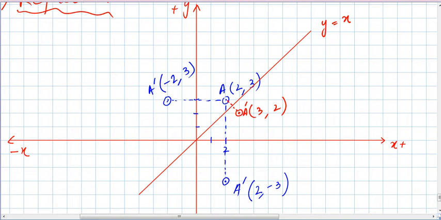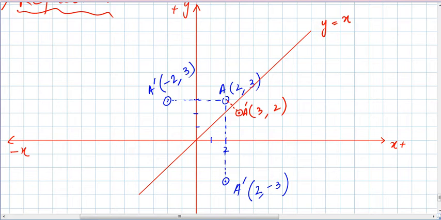And when we reflect the point A 2, 3 about y is equal to x, you will see that it becomes 3, 2, means the x and y values interchange or swap or flip, you can say. 2, 3 becomes 3, 2. Similarly, if we have a point 3, 7 about y is equal to x, after the reflection it becomes 7, 3.